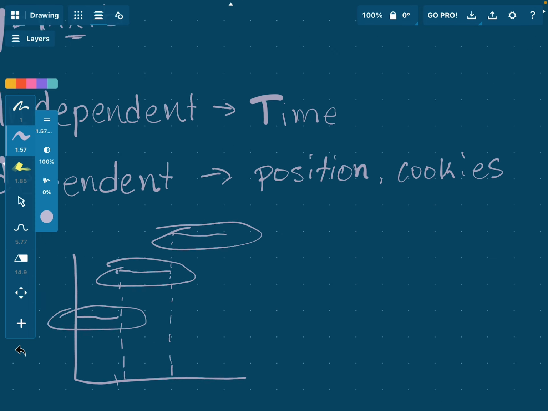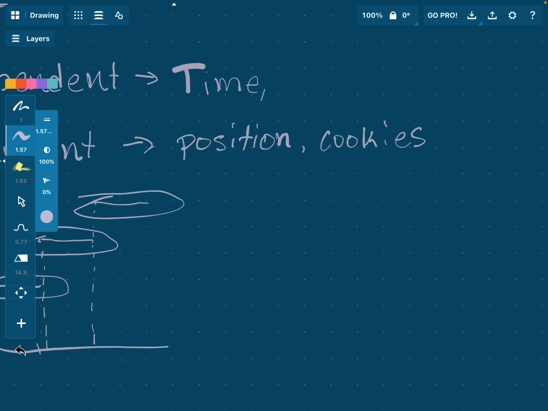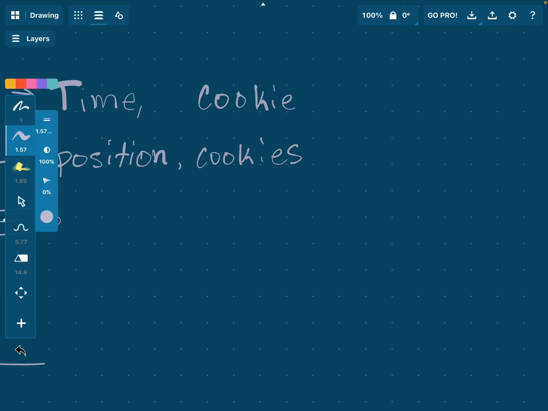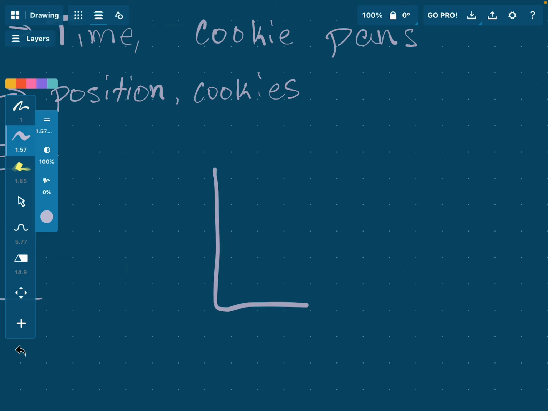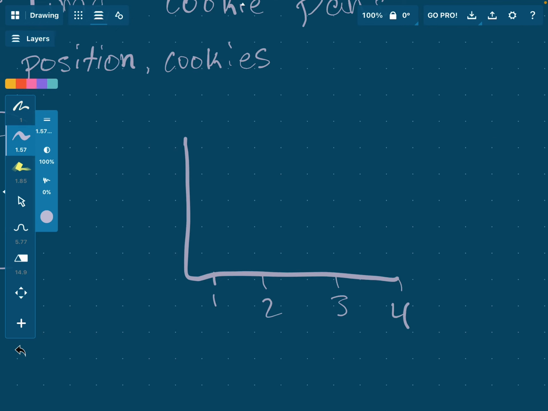And of course, independent variables could be different also. So, for example, we could have cookies and cookie pans. So if we have cookie pans as our independent variable, then let's say we have this. Well, if we have one cookie pan, maybe we can make a nice 20 cookies.